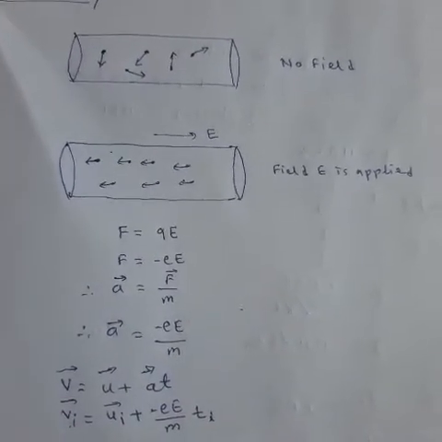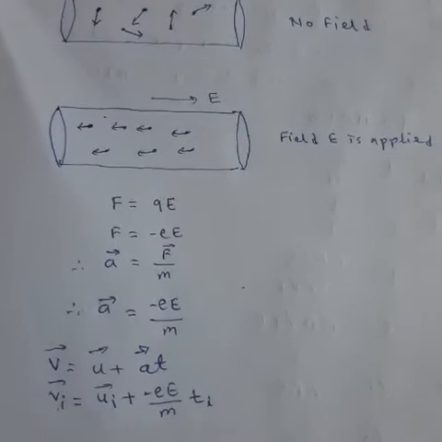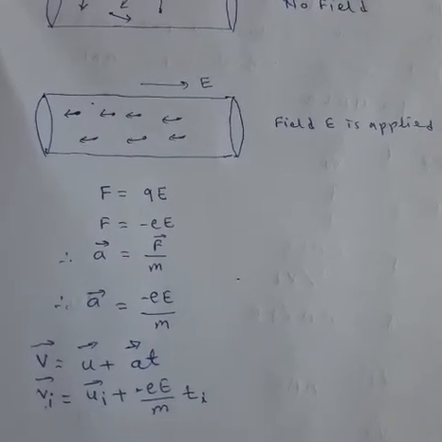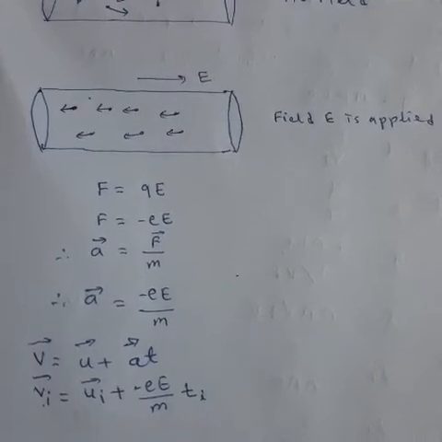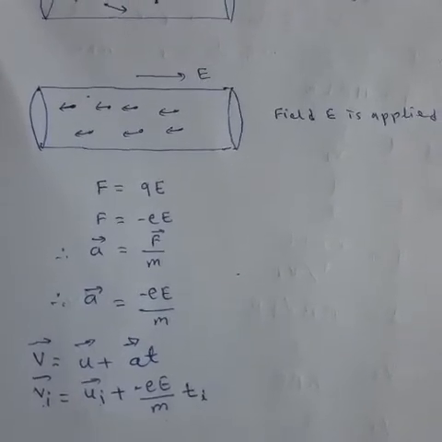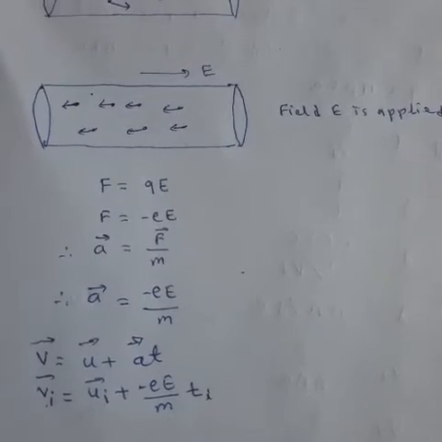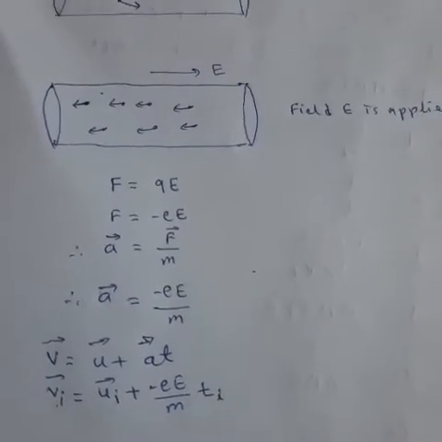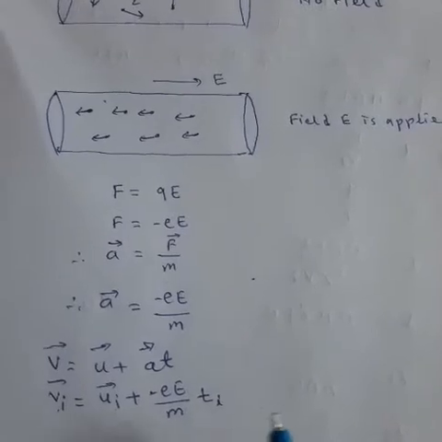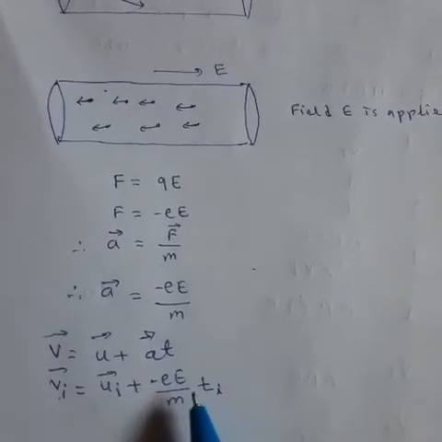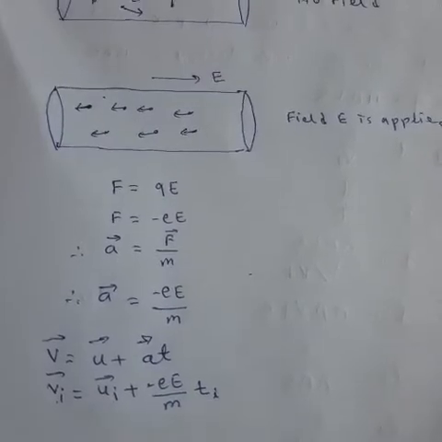Here t1 is the time between two successive collisions. We know that v is equal to u plus at. This is the first kinematical equation, and from it we can write vi is equal to ui plus minus eE divided by m into ti.